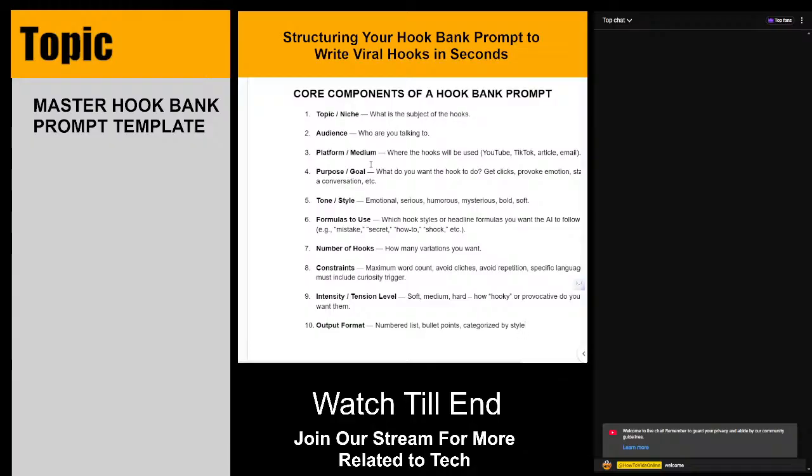Now the topic is the subject of the hook, and in audience we can give who we are talking to. In platform we can declare what platform we are going to use, whether it's YouTube, TikTok, an article, or an email. Then we can add the purpose of the hook. What do you want the hook to do? You want clicks, or emotions, or conversation. Or you can define the tone.